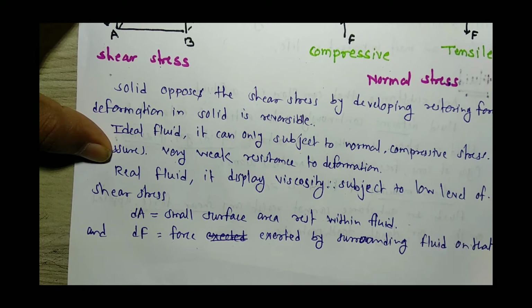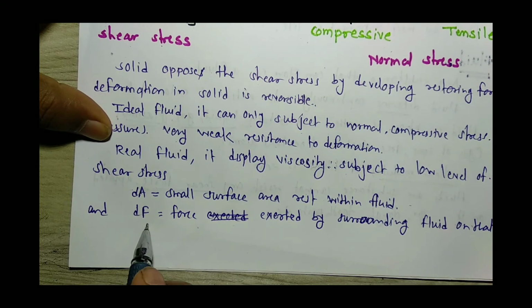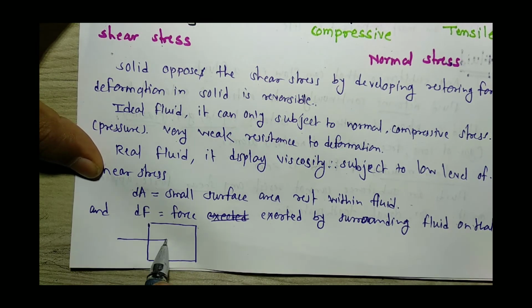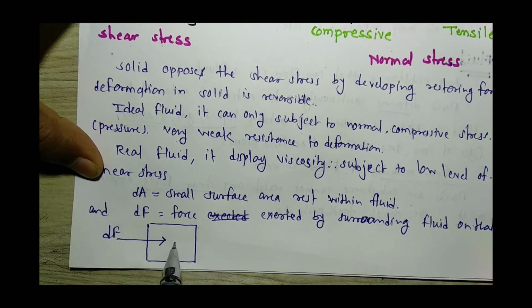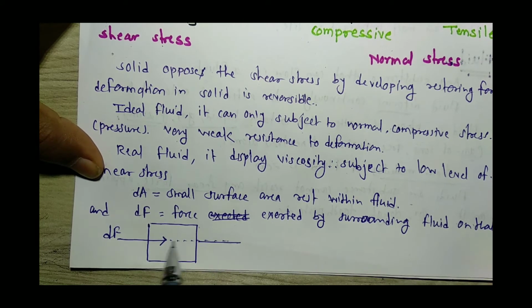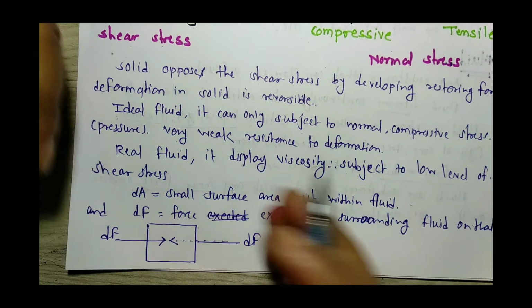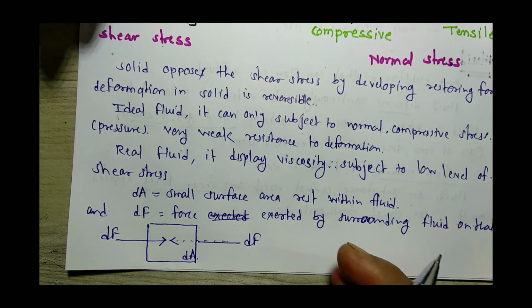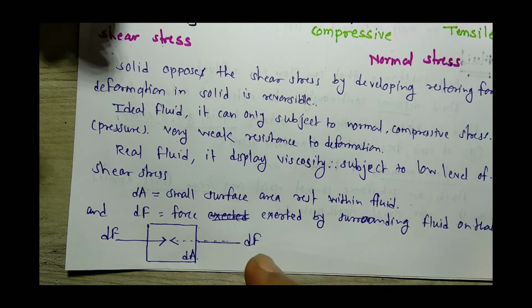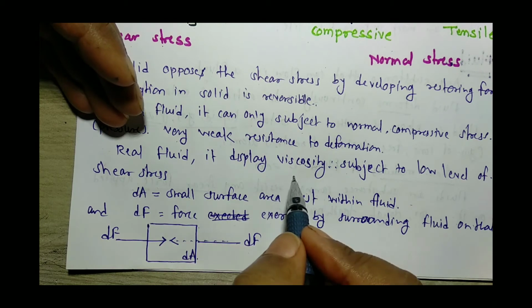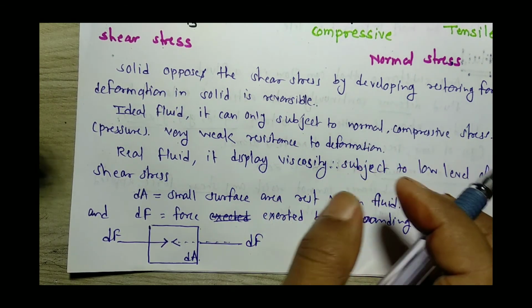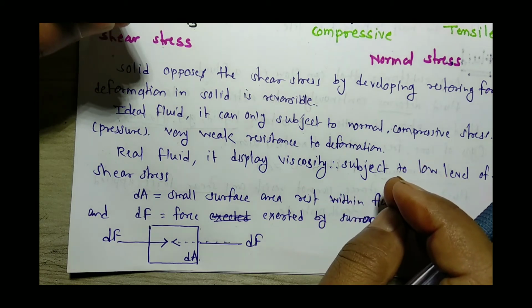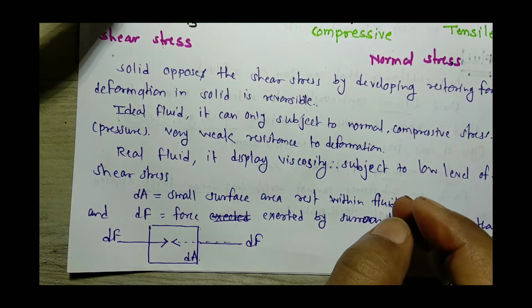So this is a small surface area, and dF is the force acting in both directions. That means dF is acting in both directions on this area dA, and this compressive or shearing stress is acting on that small area. A real fluid displays viscosity, but an ideal fluid does not display viscosity, and it offers very weak resistance to deformation.